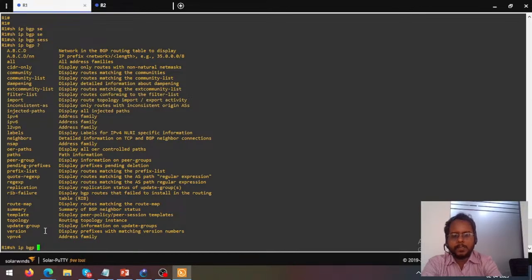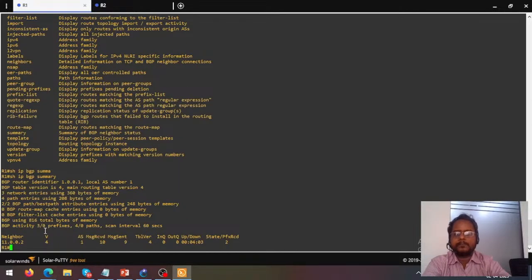Show ip bgp summary, and here you will get the summary output because the BGP router identifier is 1.0.0.1, that is the loopback IP of this router, and you can see that it's using version 4. You can see the neighbor is 1.1.0.2, the version is 4, the AS number, and the messages received and sent. So how many packets have been received and sent, everything you can see in show ip bgp summary.